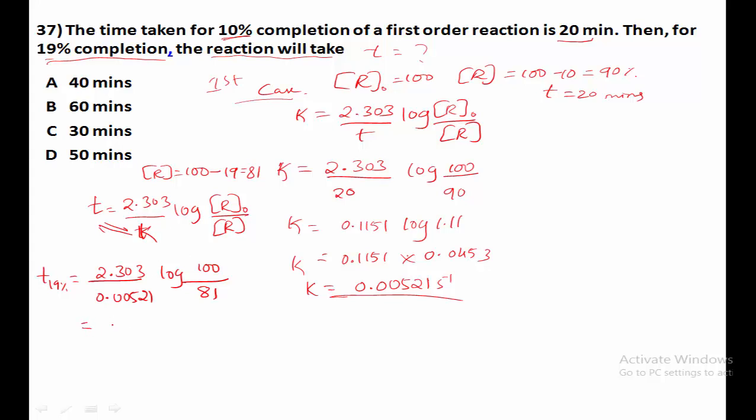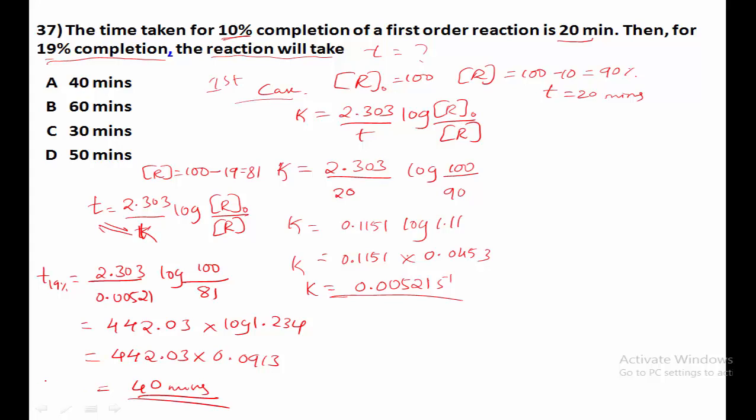On solving, how much will you get? 442.03 into log 1.234. 100 divided by 81 gives 1.234. Therefore 442.03 into log 1.234, which is 0.0913, is equal to 40 minutes.